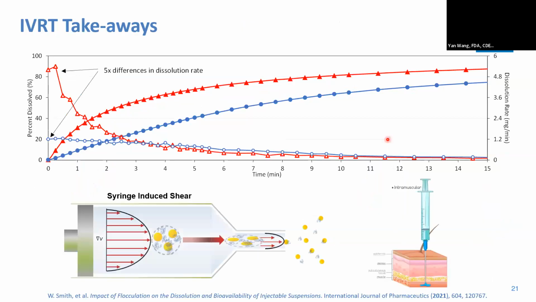This is the last slide about the work we have done on IVRT for suspension, and we teased out the initial 15 minutes just to highlight the initial dissolution rate, flocculated versus deflocculated. It is a significant difference, just simply by changing the shear rate, how you inject the product into the system.